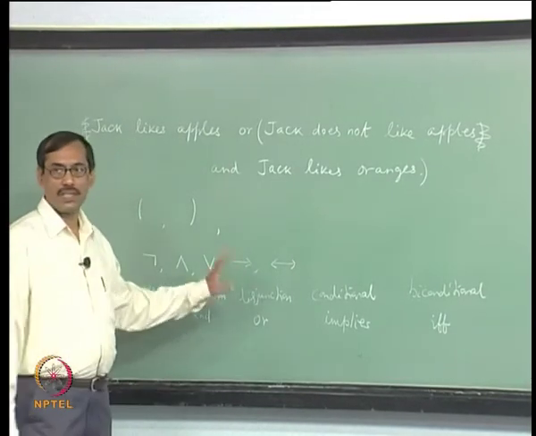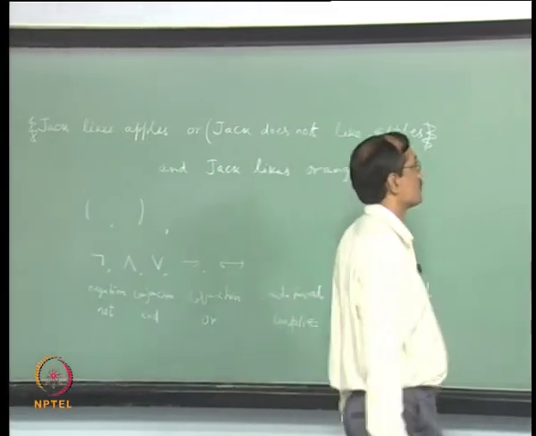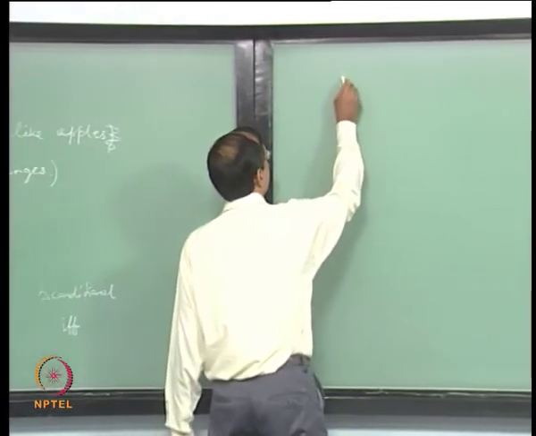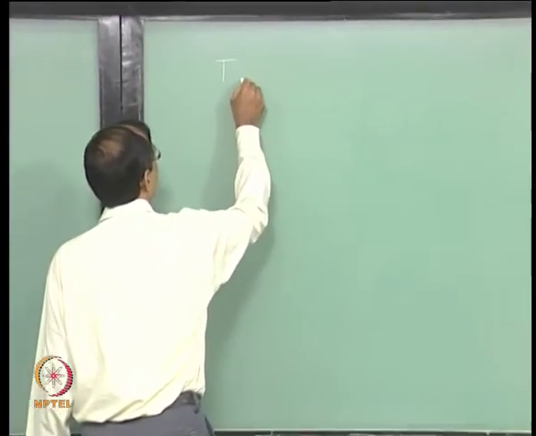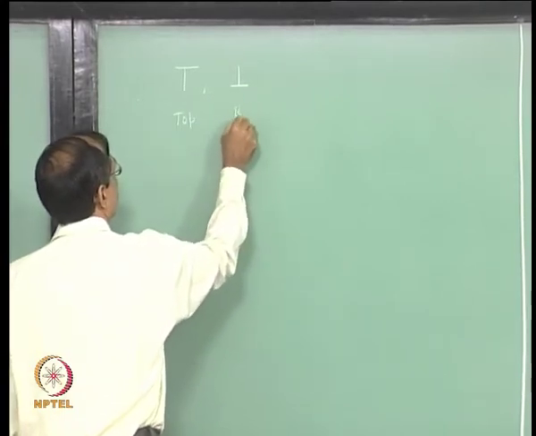Okay, so these are the symbols we are introducing slowly. There are some other symbols which will be our propositions. We have top, we have bottom. So read them as top, bottom.